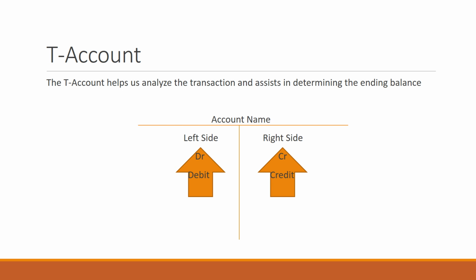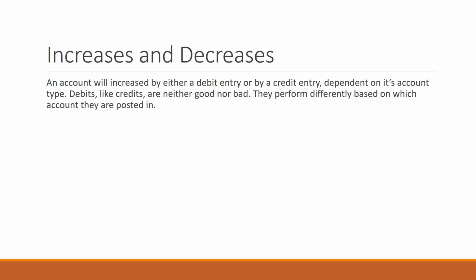They're a terrific visual aid to show you exactly what you're doing with these accounts and how the ending balance is determined by looking at debit and credit. And in the end, like I'm going to show you, it really helps us keep these rules of debit and credit straight.